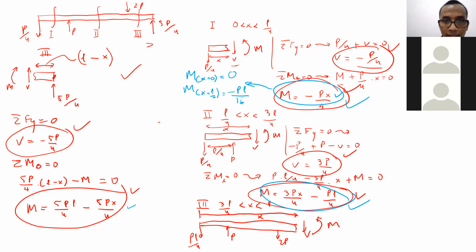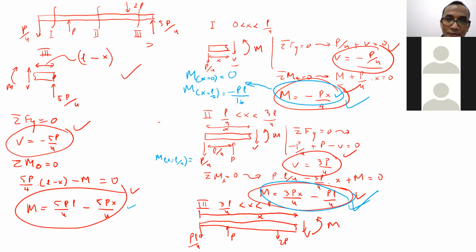Now, for the second region, the starting point is supposed to be the moment at x equal to L over 4. What is the value of the moment at x equal to L over 4 here? 3PL over 16 minus PL over 4, supposed to be minus 4PL over 16, right?